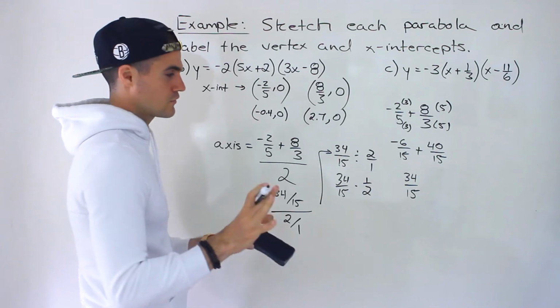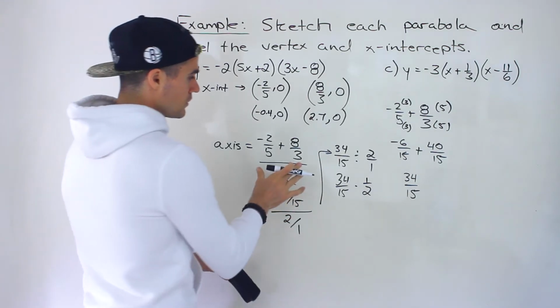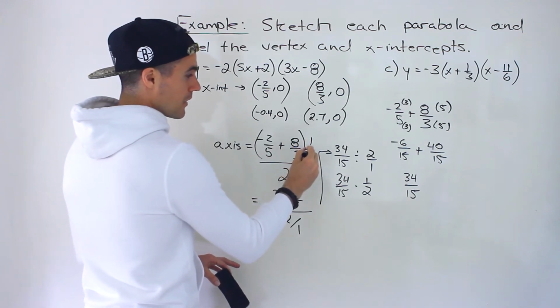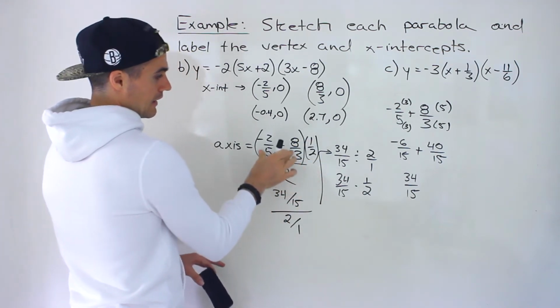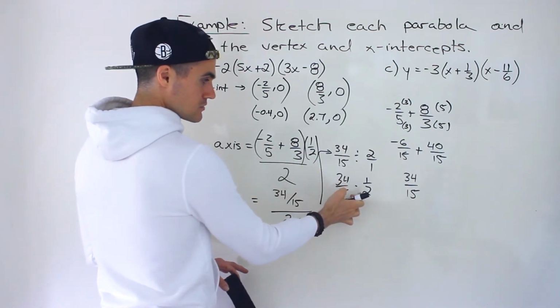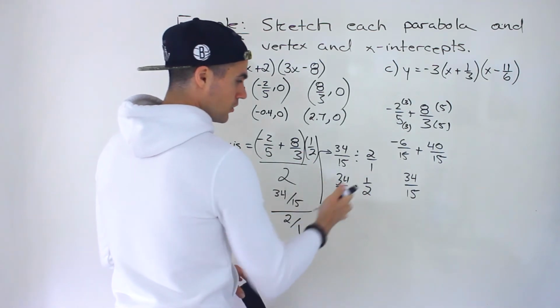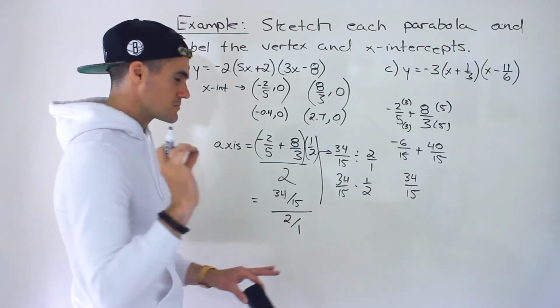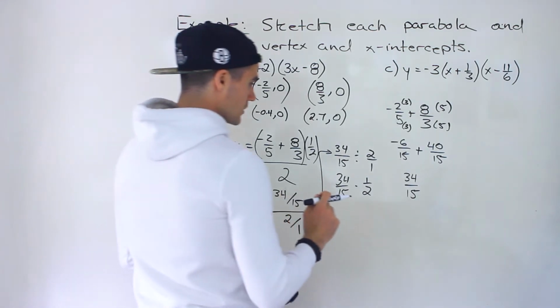Just be careful with your fractions here. Another thing you could do is, instead of dividing this whole thing by 2, you could just multiply it by 1 over 2, and then work with this bracket first and then multiply by 1 over 2. So you'd get to this point a little bit quicker. Whichever way you do it, just be very careful with your algebra here.